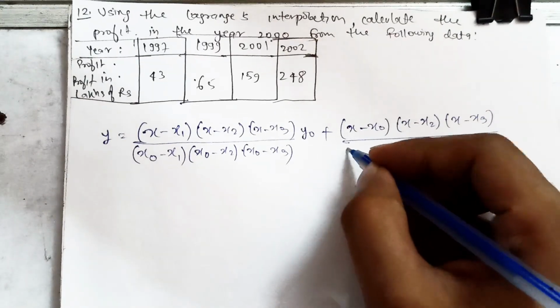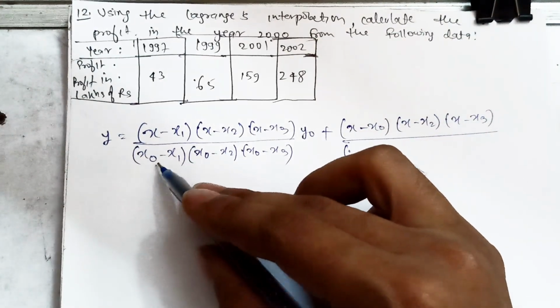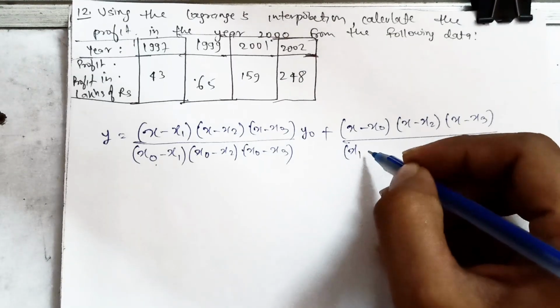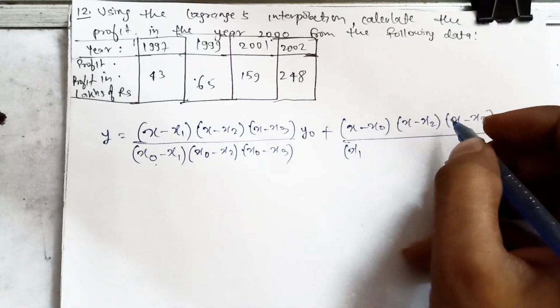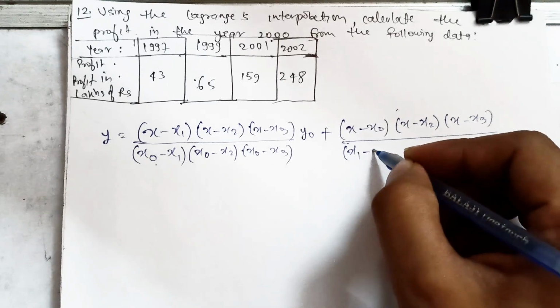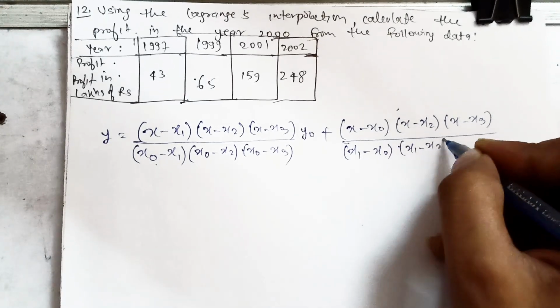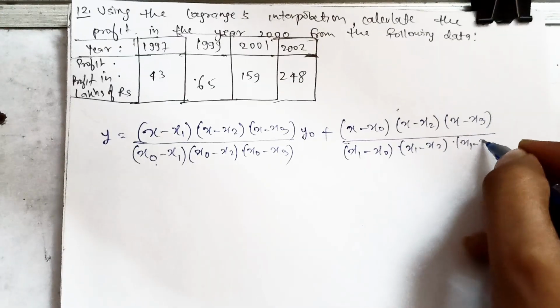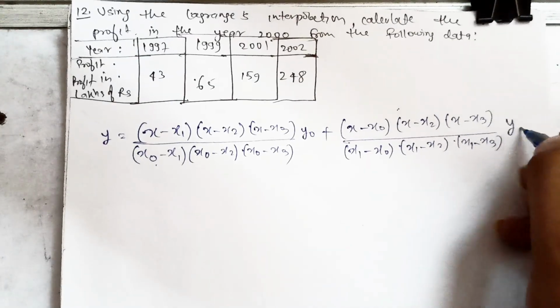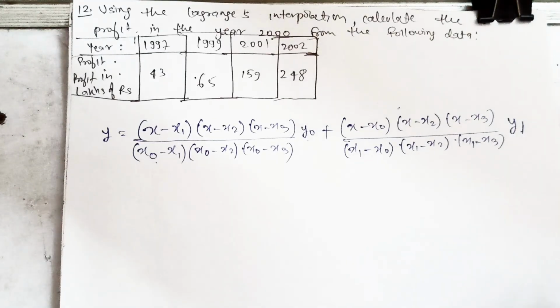In the denominator we now use x1: x1 minus x naught, then x1 minus x2 and x1 minus x3, and then multiply by y1. We use y0, y1, y2, y3 in all the terms.